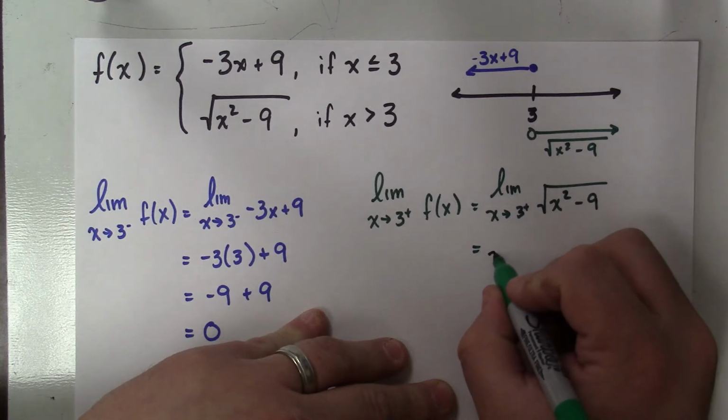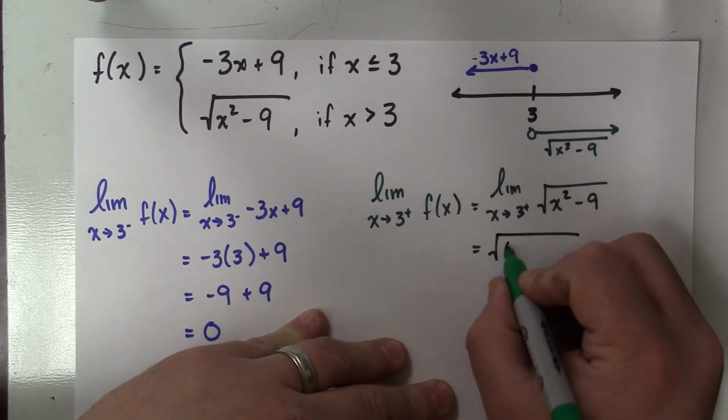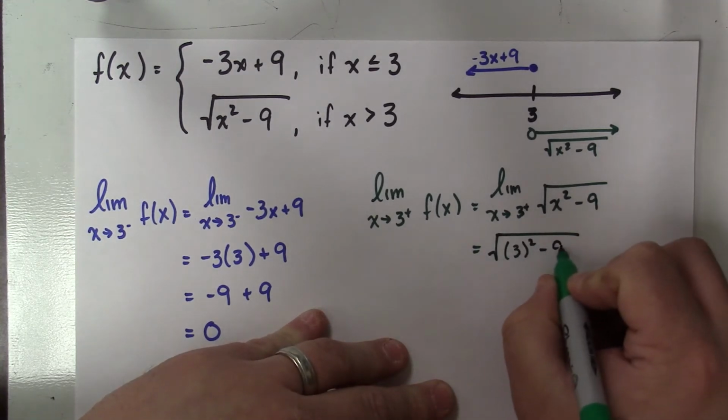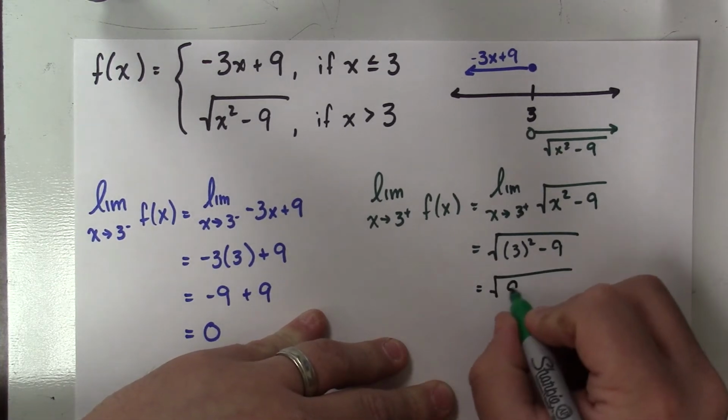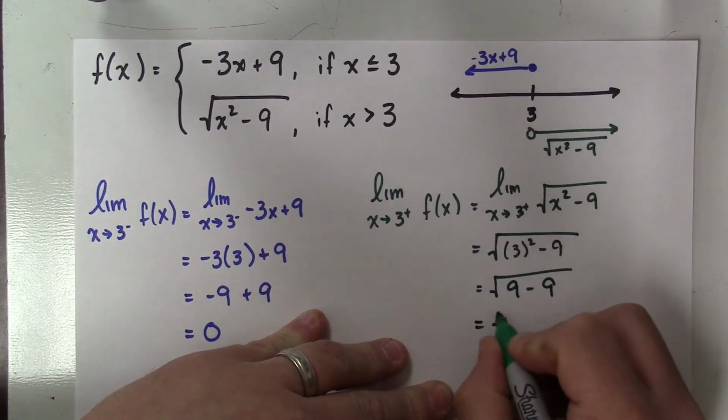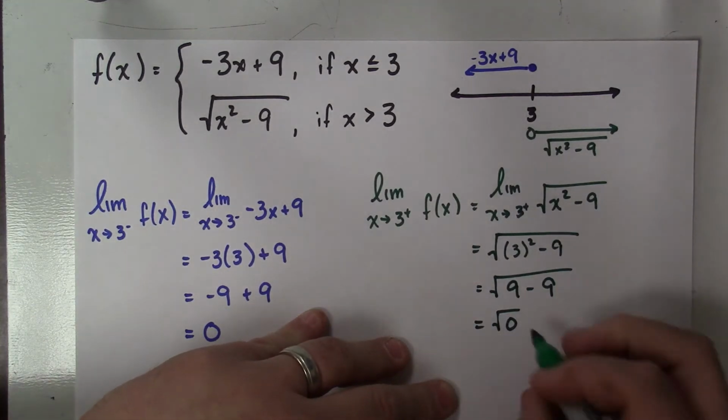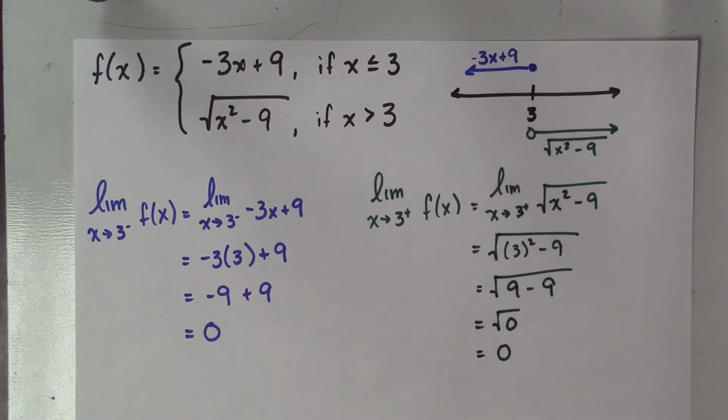This is just the square root of 3 squared minus 9. Well, 3 squared is 9, so I've got 9 minus 9, the square root of 0. Not negative, we're okay.